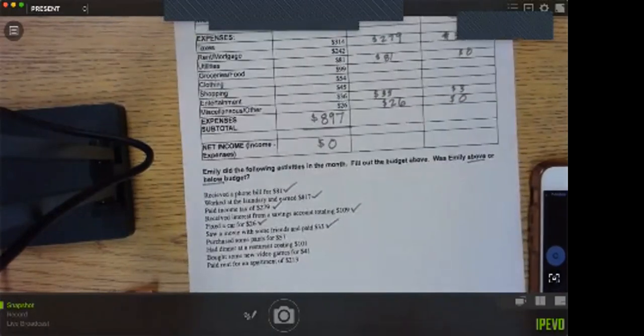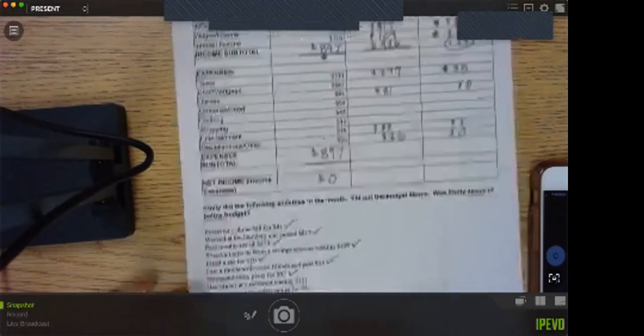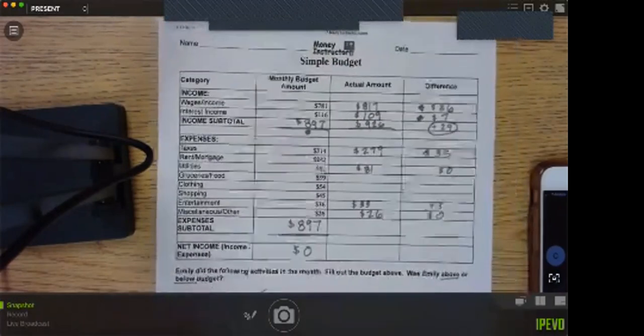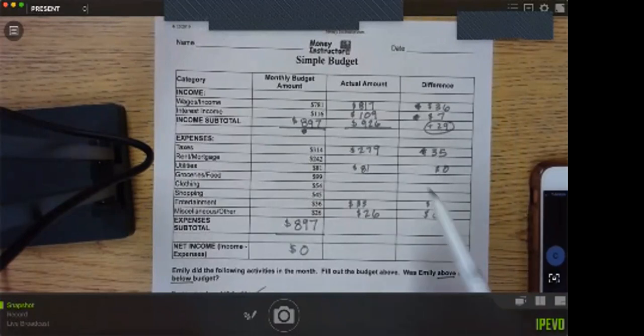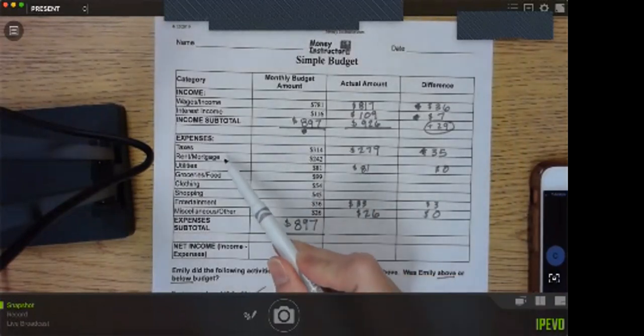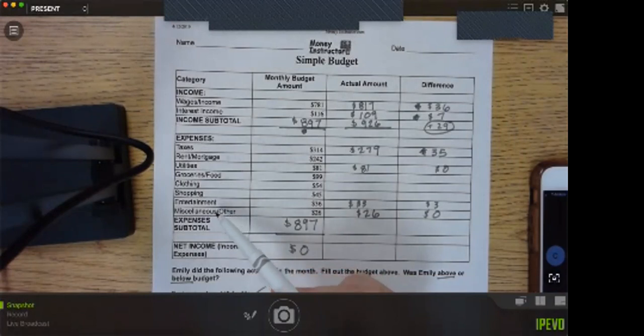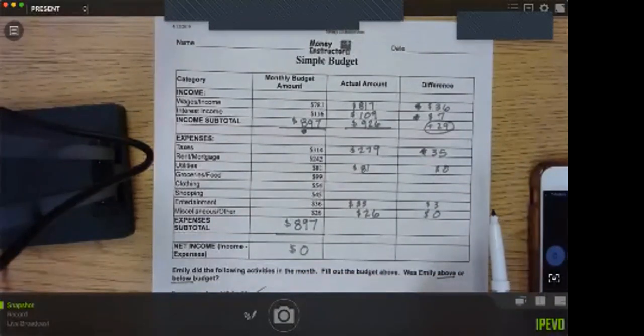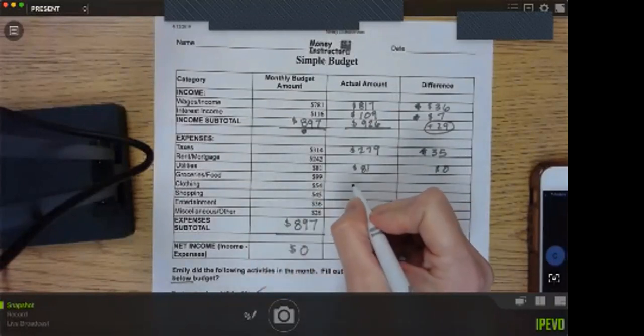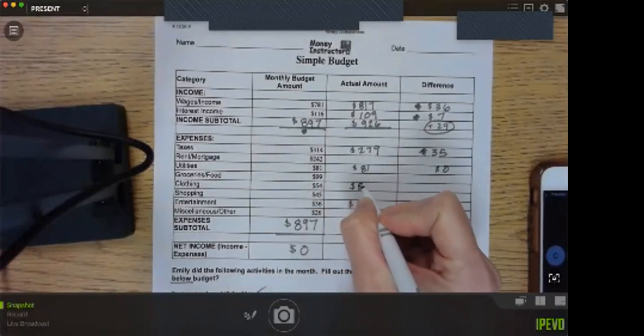She purchased some new pants for $57. So let's go up here. Which category would pants be in? The ones we have left are rent, mortgage, groceries, food, clothing, shopping. So she bought some pants for $57. And if you said clothing, you are correct, $57.